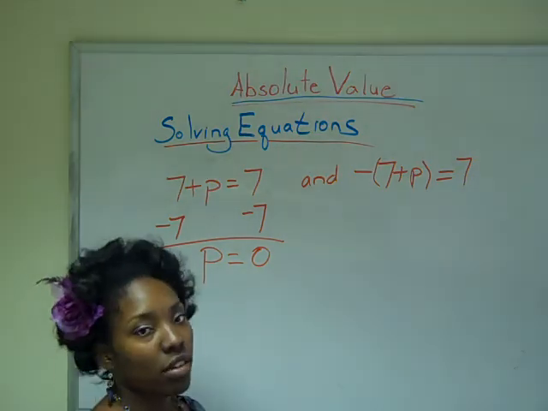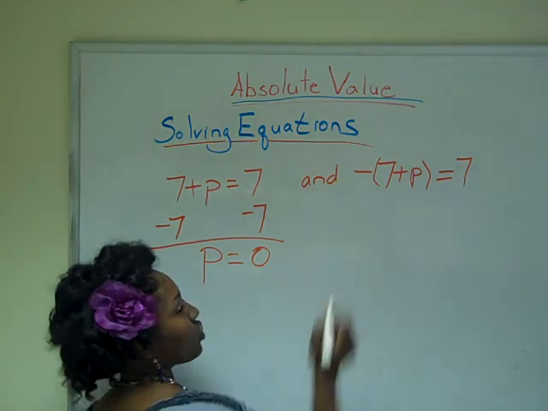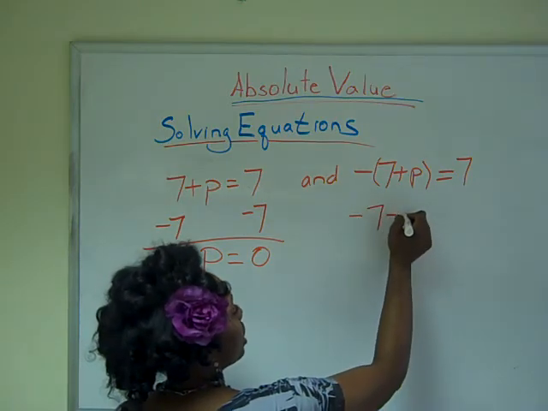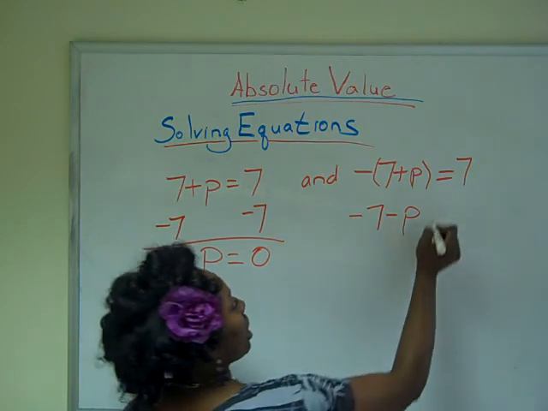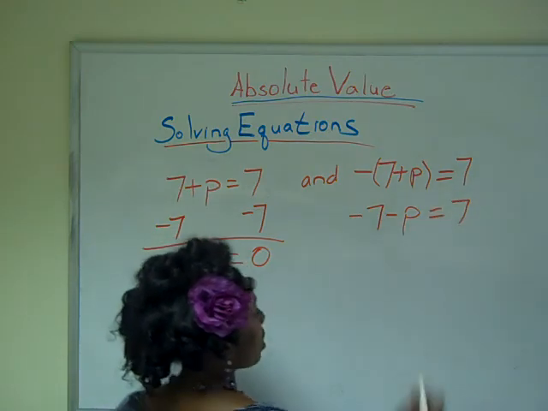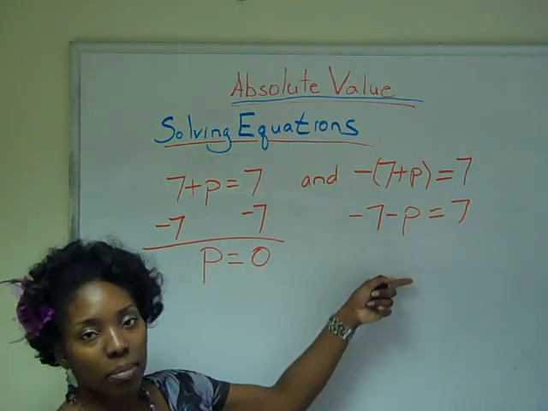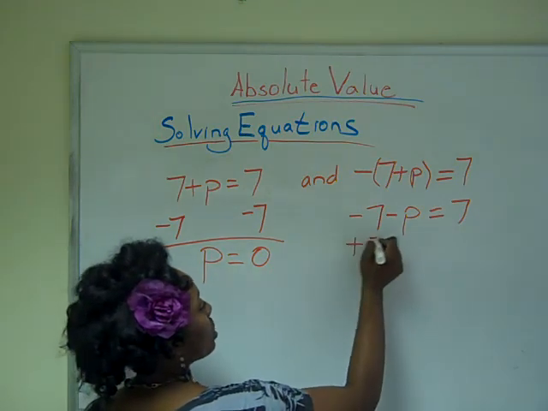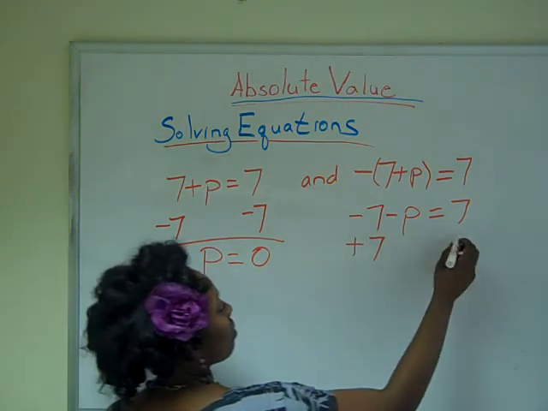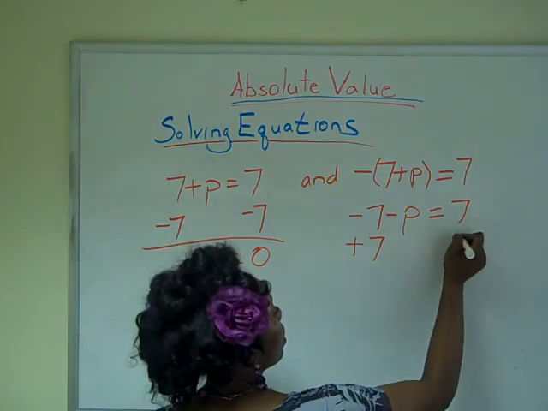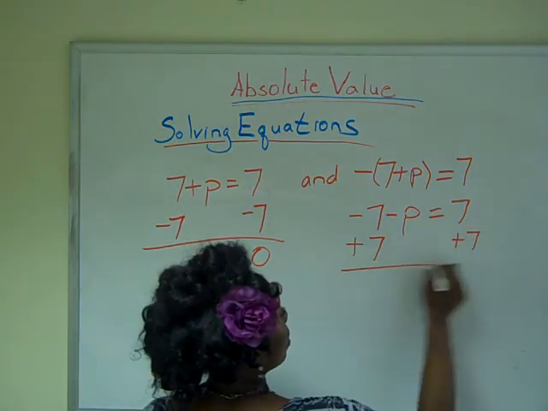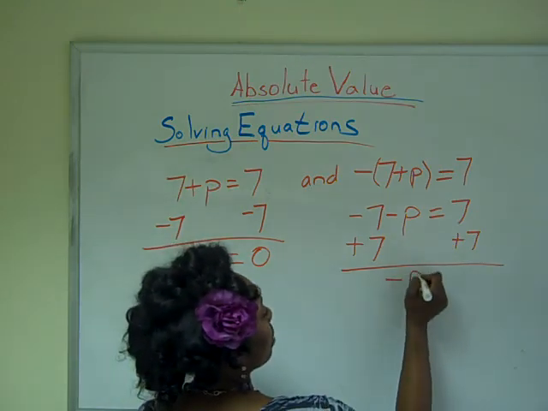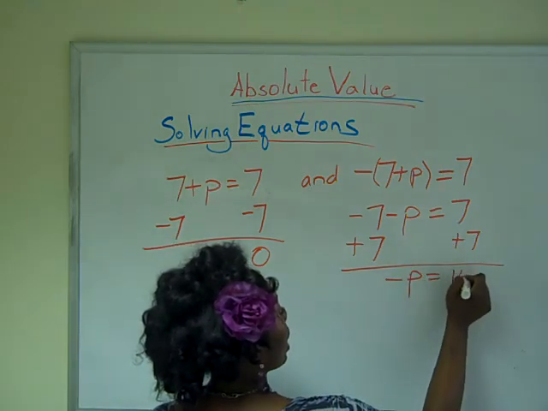Next, we'll solve our second equation. First, we'll distribute our negative and get -7 minus p equals 7. Then we'll isolate p by adding 7 to both sides of the equal sign, since we have a -7. Add down and get -p equals 14.